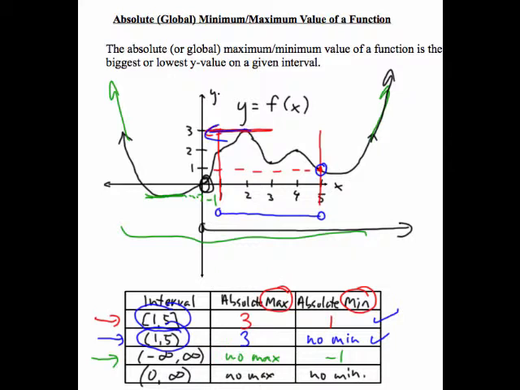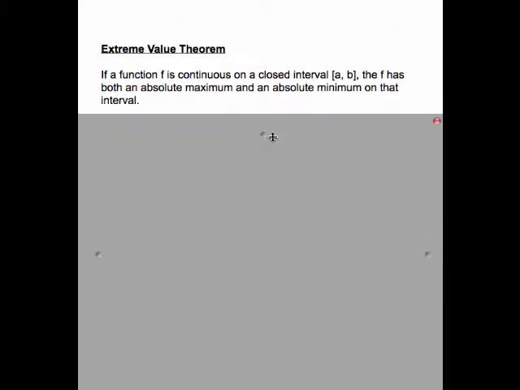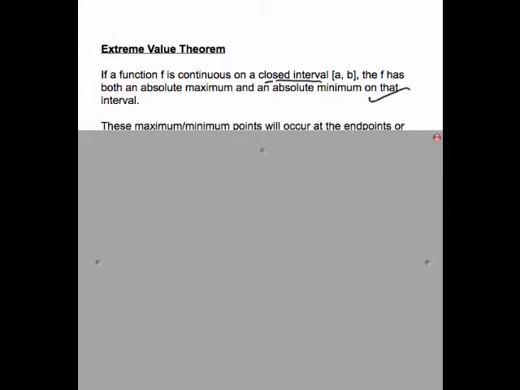So before proceeding, please note that if the interval is open, there may or may not be a max or a min. If the function is continuous on a closed interval, then there definitely will be a min or a max. So the extreme value theorem says that if a function is continuous on a closed interval, then there will be a min or a max, definitely.